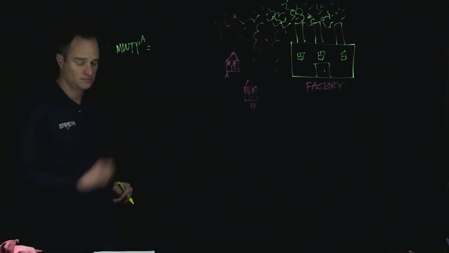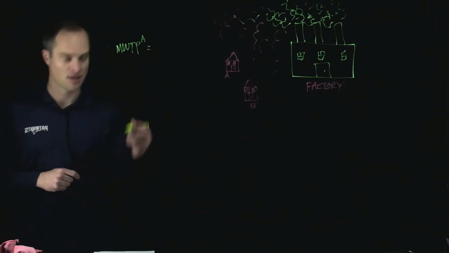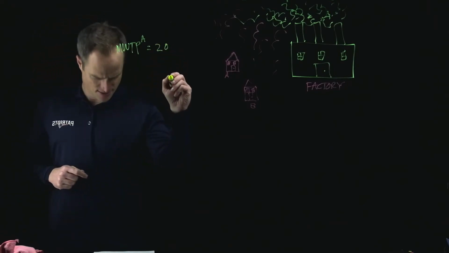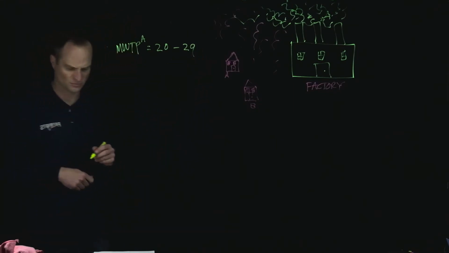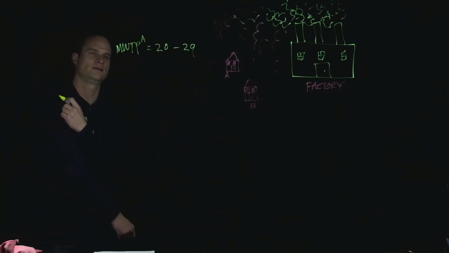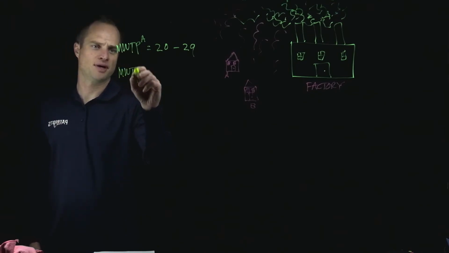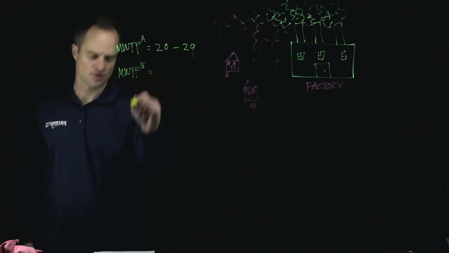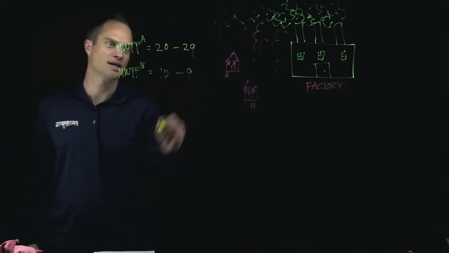Public good. You can't prevent someone from enjoying a cleaner environment. It's 20 minus 2Q. The marginal willingness to pay for household B is 10 minus Q.